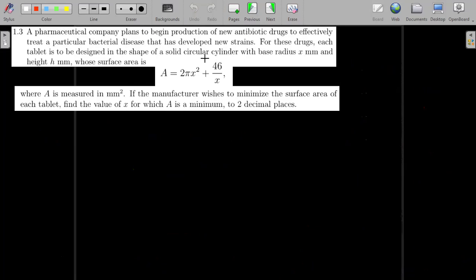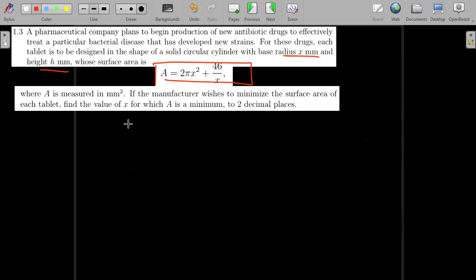For these drugs, each tablet is designed in the shape of a solid circular cylinder with base radius x millimeters and height h millimeters, whose surface area is given by this, where A is measured in squared millimeters. If the manufacturer wishes to minimize the surface area of each tablet, find the value of x for which A is minimum, to 2 decimal places.